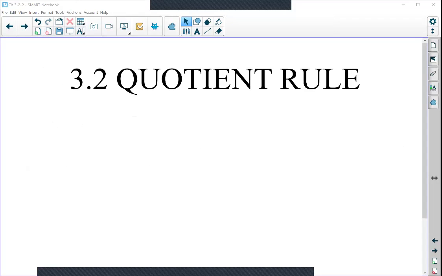So quotient rule, hopefully we can guess that this is going to be division of functions. If you can't guess that, I guess I ruined it for you.